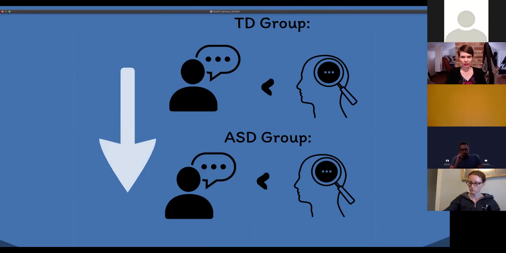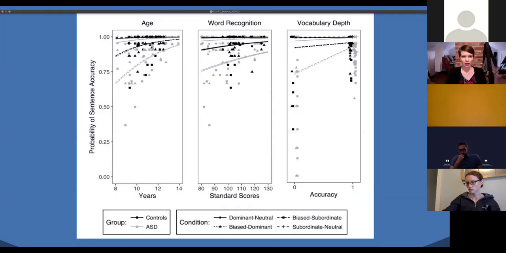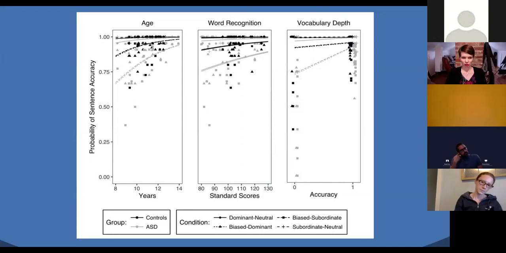We did look at some individual differences and predictors of performance for the comprehension products. So the typically developing control group is in black, and the group with ASD is in gray. So we looked at chronological age, although it's really common to use this wide of age range in these studies in order to get enough participants.